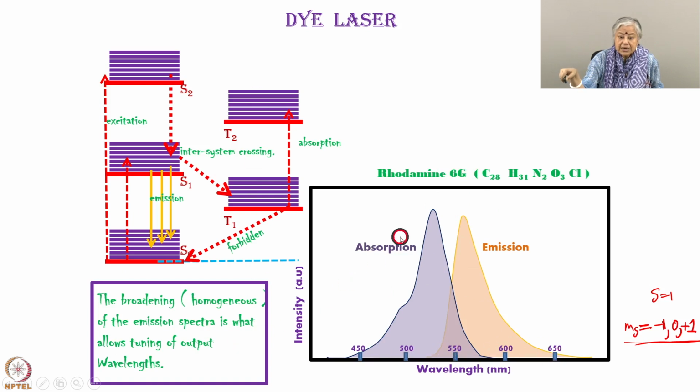Most of these emission lines are due to the dye, but the dye molecule which I have shown here is not just a plain dye molecule. It is actually dissolved in some kind of solvent, and you choose a solvent in such a way that the dye mixes very smoothly in it.